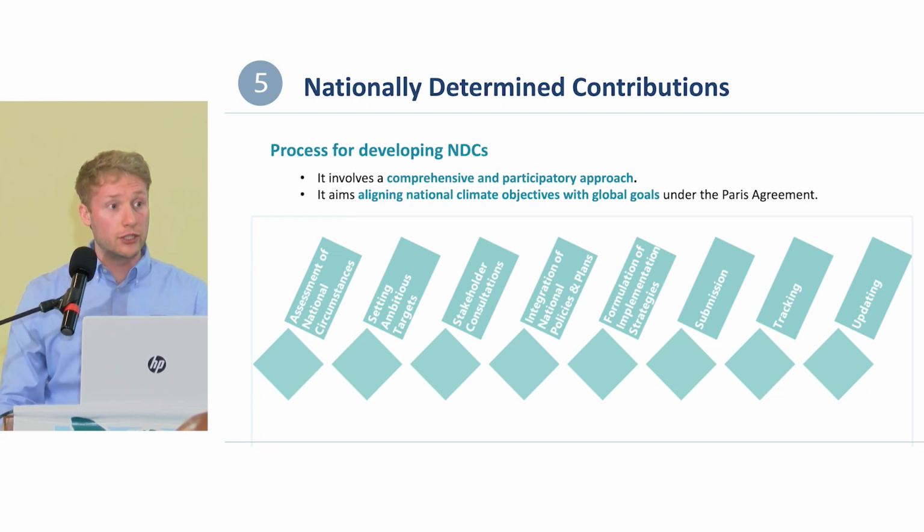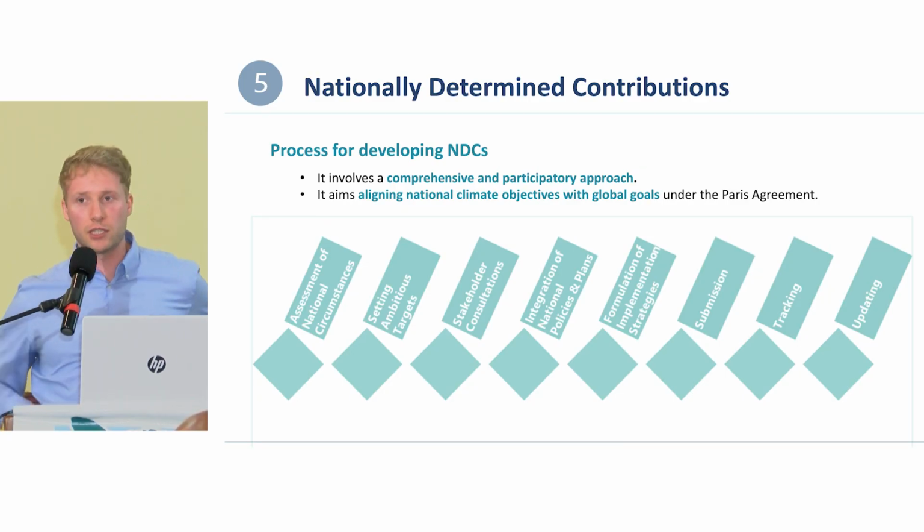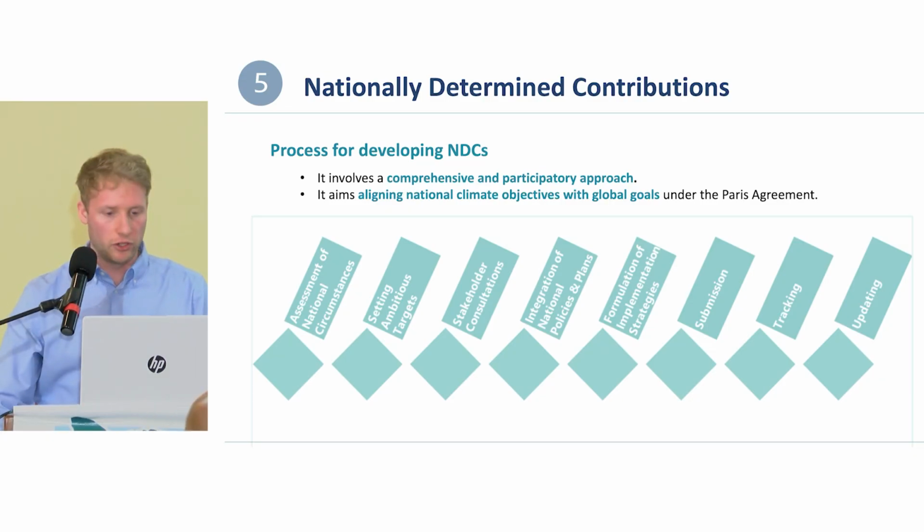Formulation of implementation strategies, theory into action, clear action plans. What Trinidad and Tobago did early on, which is a really great thing, is to develop an NDC implementation plan, which really helps countries, because an NDC is often a short document that states the target and says, we do this until 2030. Okay, fair enough.